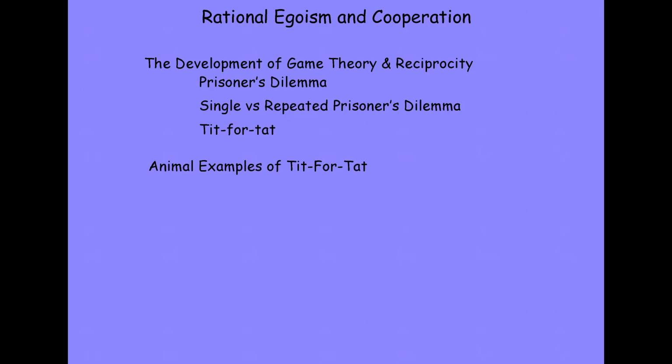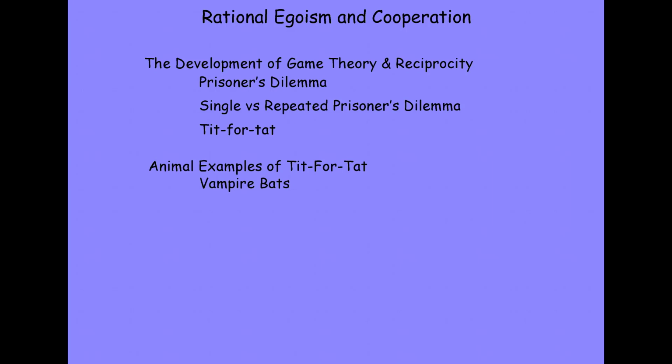But what about biology? Well, what we'll see is that researchers in biology start to look at whether or not evolution actually selected for behaviors that resembled tit for tat. And we'll look at a number of examples that biologists have found of animal behavior that looks remarkably like the strategy of tit for tat.